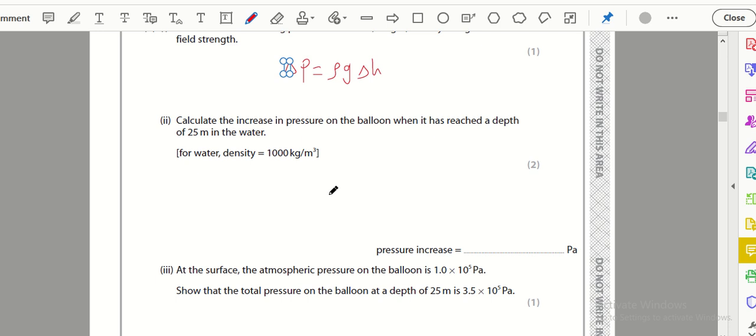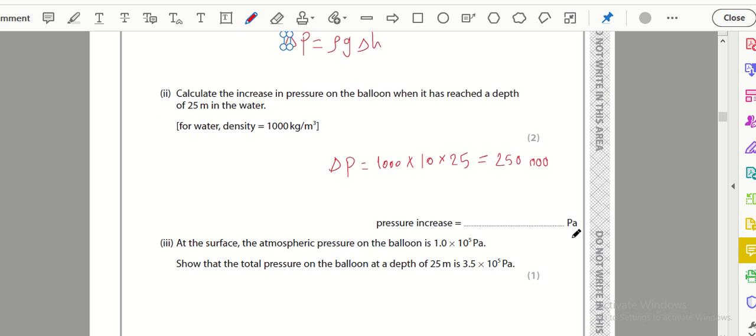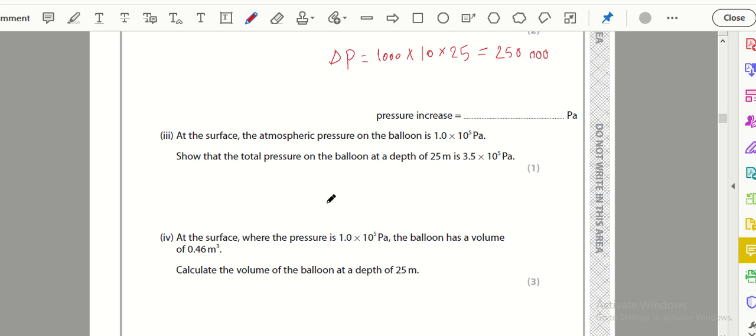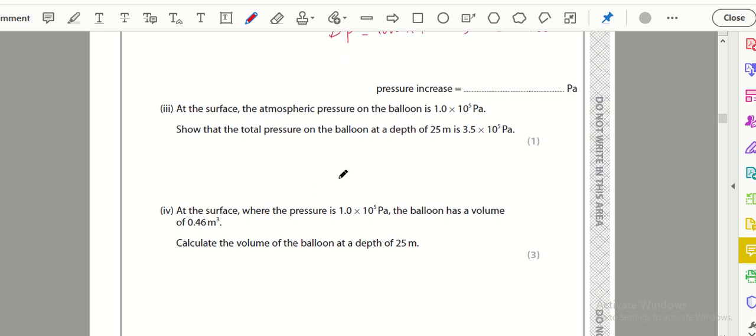We will substitute in the previous equation. Here is the density, here is g, and here is the delta h in meters. 250,000 Pascal.